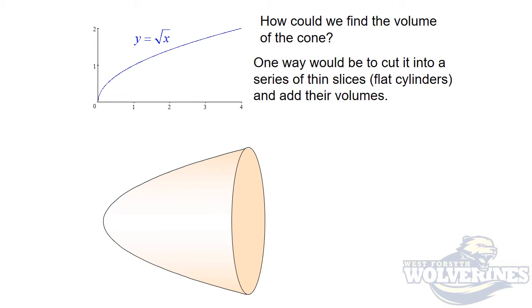So if we've got these little rectangles that we are spinning around to make discs, the volume of each disc is an infinitely thin cylinder, just like we have our infinitely thin rectangles. And the volume of a cylinder, again, is pi r squared h.